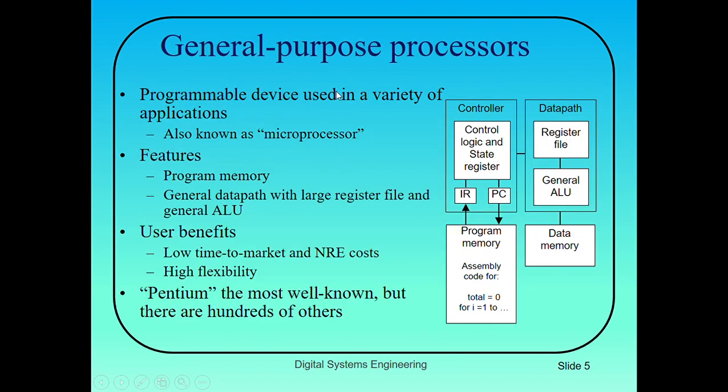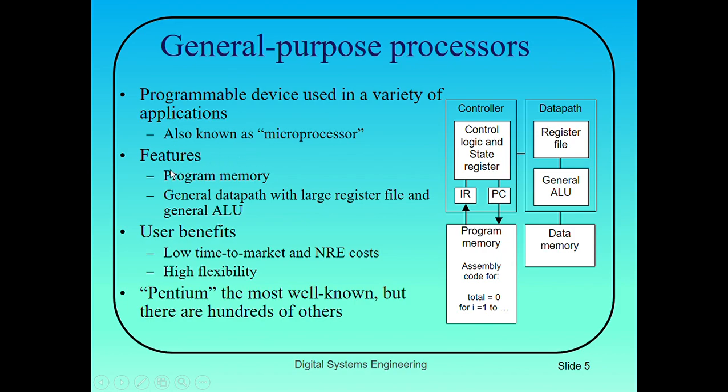General purpose processors. Here you can find the architecture of the general purpose processor, with the general ALU or general arithmetic logic unit. These general purpose processors are programmable devices used in a variety of applications. They are also known as microprocessors.